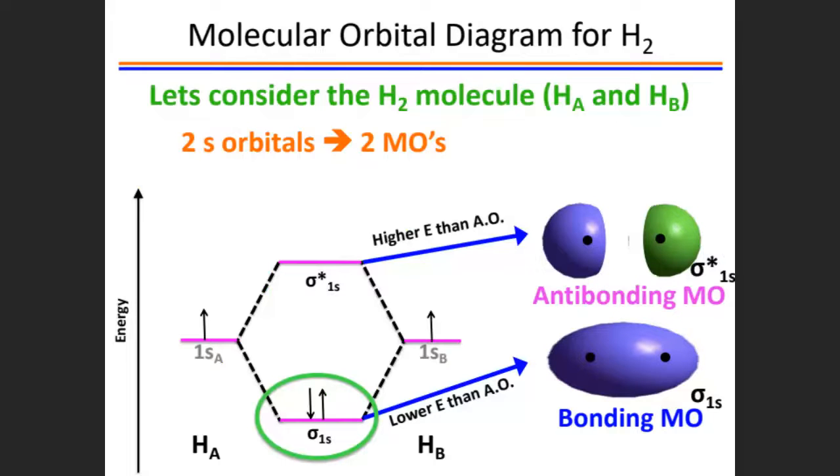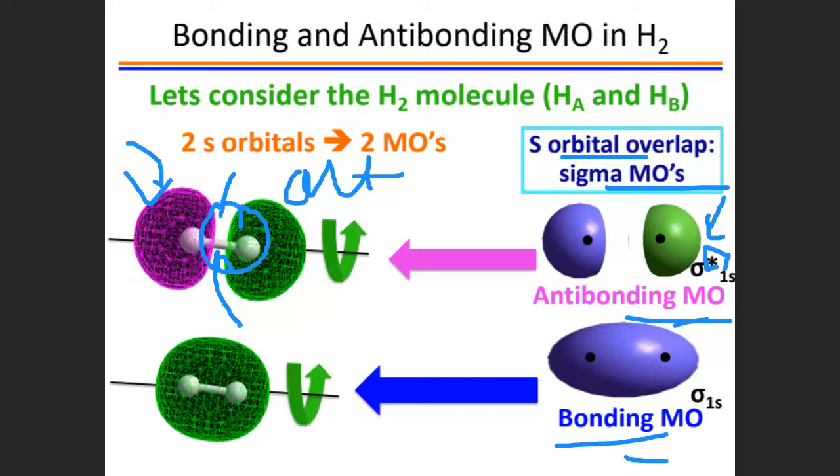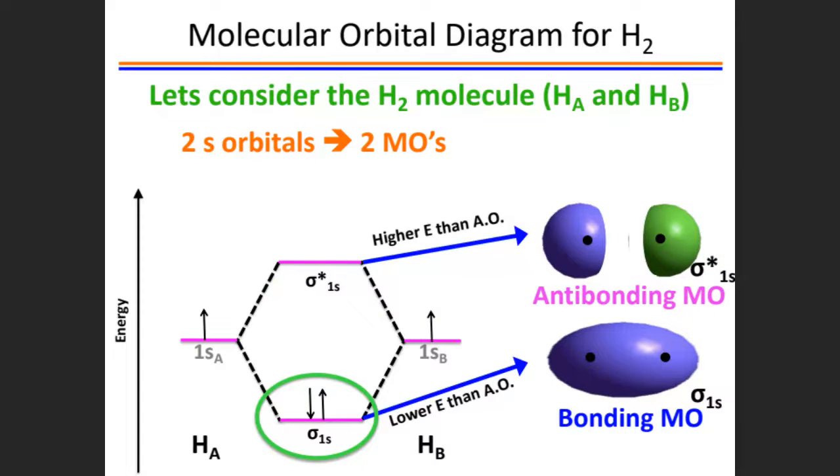Now let's consider the hydrogen molecule's energy levels. Whatever we saw here, compare it to the energy level graph. If we look at it this way, energy goes from low to high. We know hydrogen has only one electron, in the 1s.